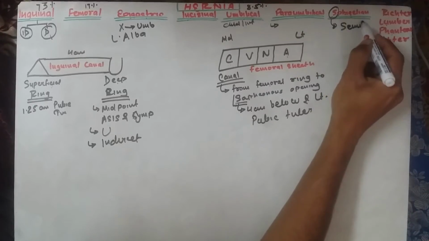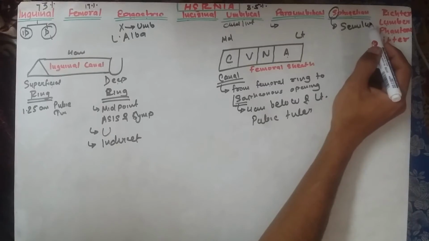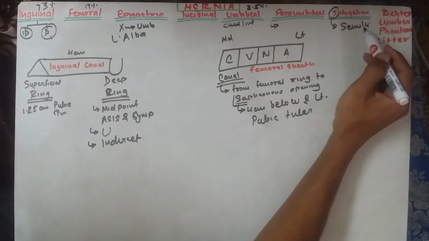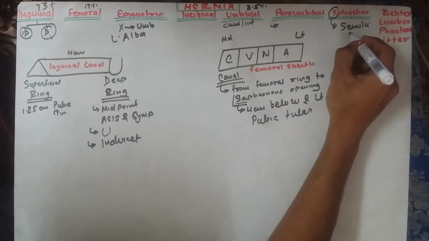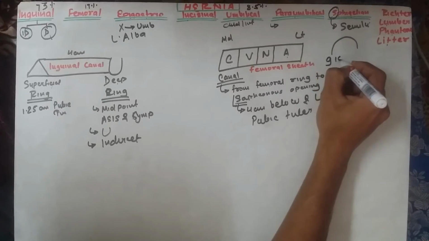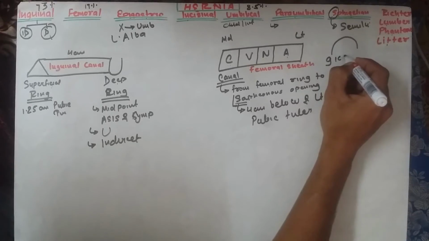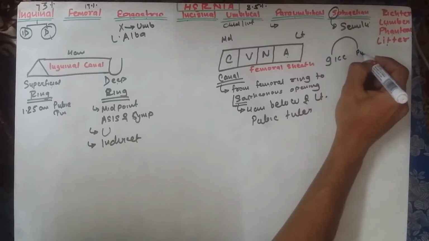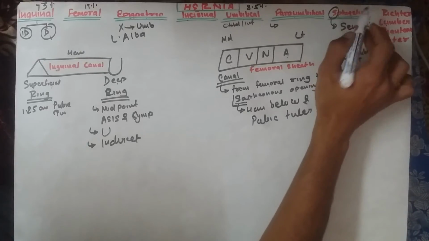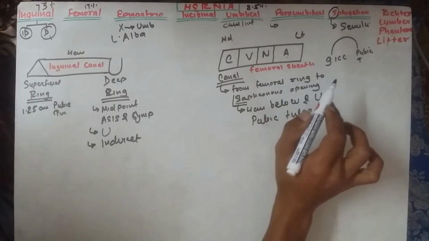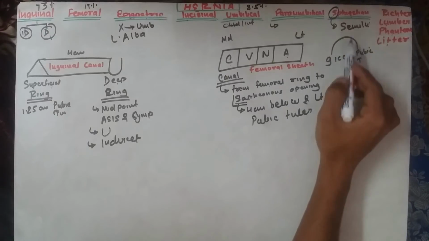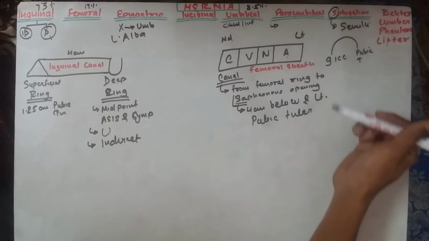We draw the semilunar line from the ninth intercostal cartilage tip to the pubic tubercle, and if there is any hernia along this line, it is called a Spigelian type of hernia. In 90% of cases this hernia is present below the umbilicus.